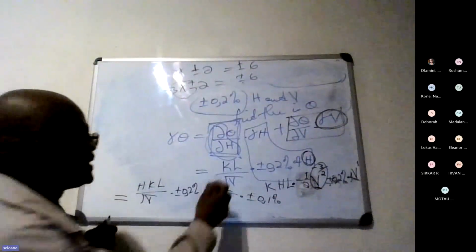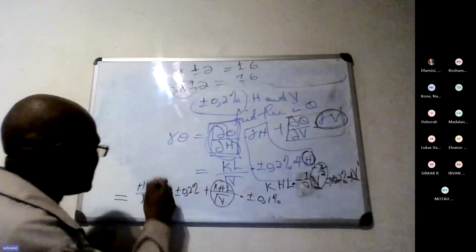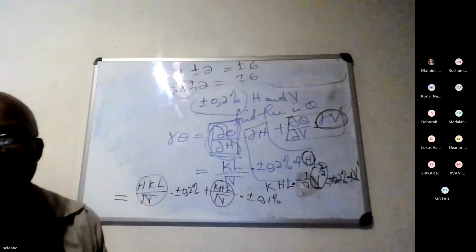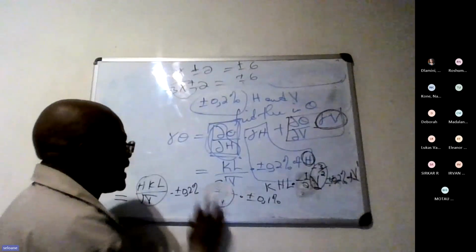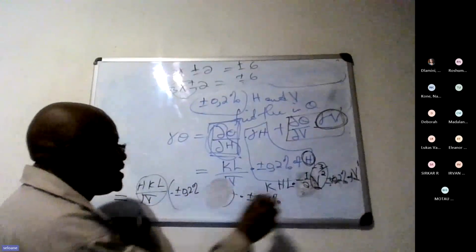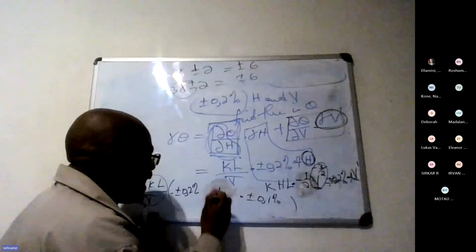And as you can see, this is now a common factor. You can just take it out. Therefore, it will be this. Let us take it out, and this is plus here.